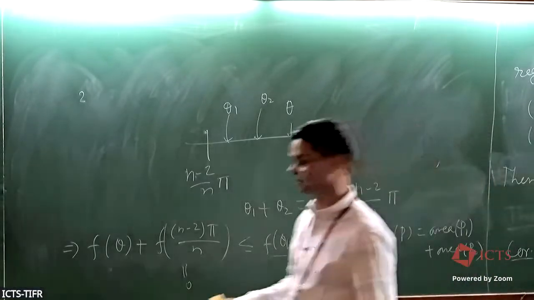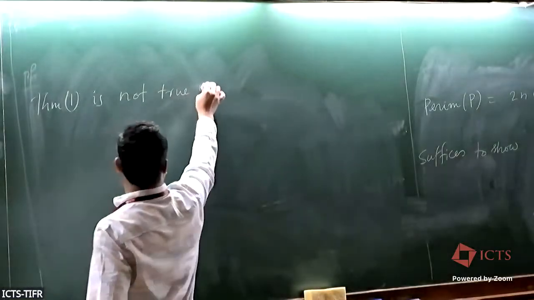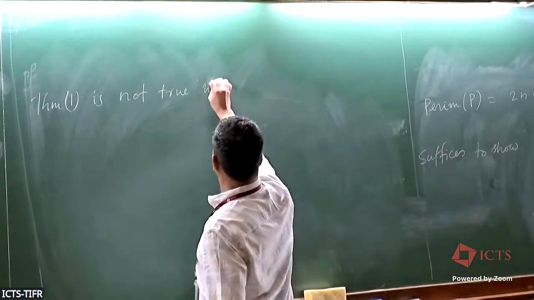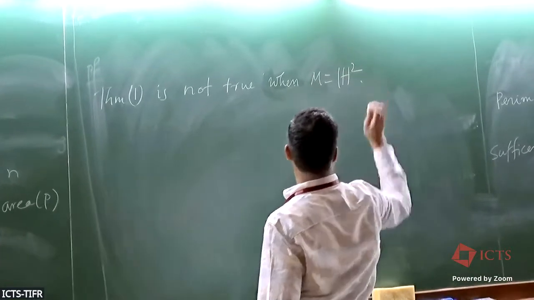Now, what about hyperbolic geometry? In hyperbolic geometry, this theorem is not true. So Theorem 1 is not true when M is equal to the hyperbolic plane.